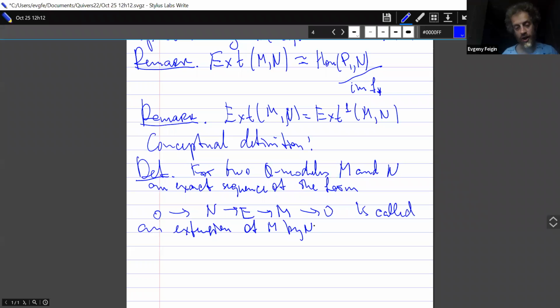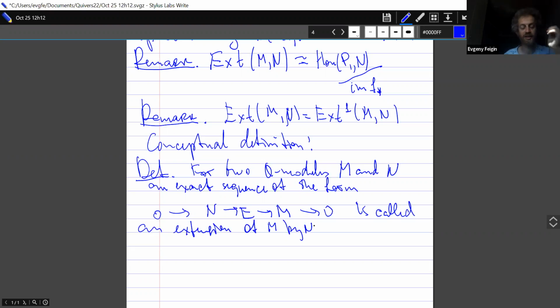Okay, so we have an exact sequence. The middle term is something, the right term is M, and the left term is N. So this is an extension.